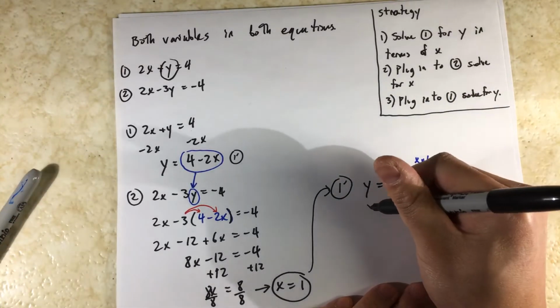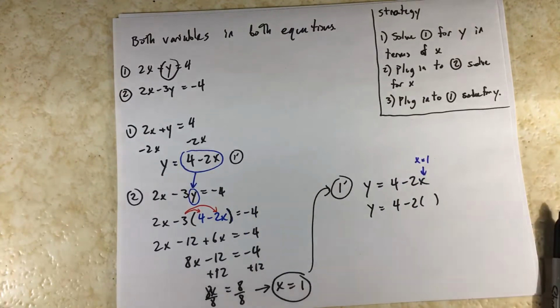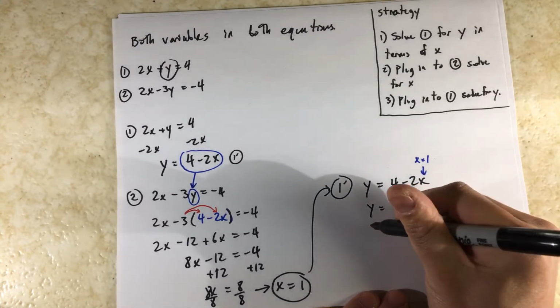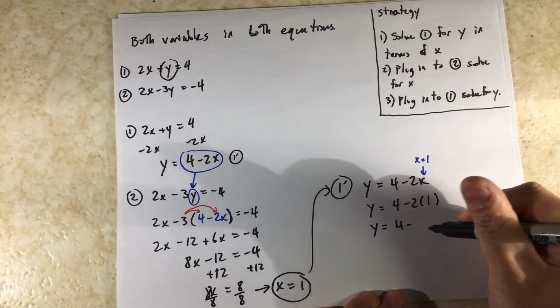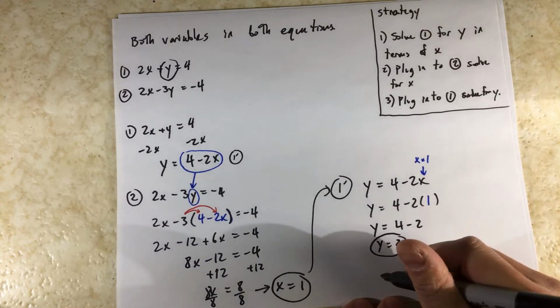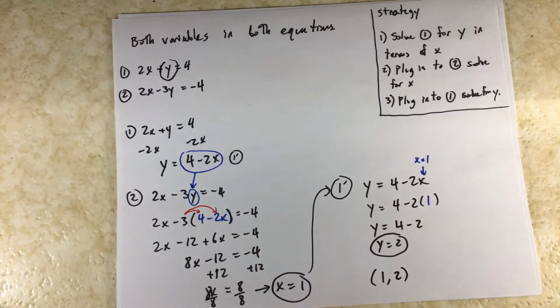So I get y equals 4 minus 2, y is equal to 2. And that would be the coordinate (1, 2).